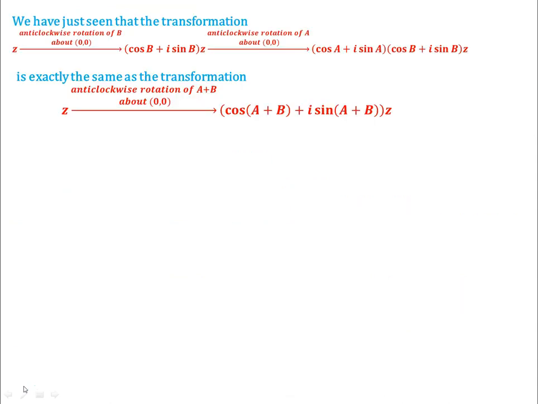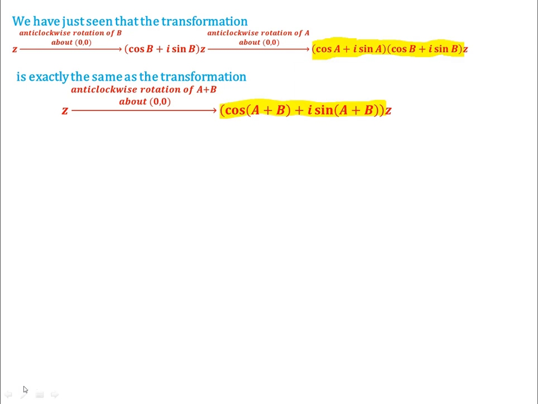So looking at these two results, we've just seen that the process of going from z to cos A plus i sin A times cos B plus i sin B times z is going to be exactly the same as going from z through to cos of A plus B plus i sin of A plus B times z.